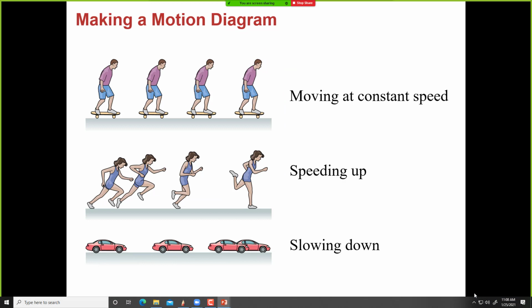The first one is constant speed. When you want to represent constant speed, what you do is you draw the pictures at equal intervals. So these are the snapshot pictures taken at equal intervals of time. So let's say this is taken at 0 second, this is taken at 1 second, 2 second, 3 second, and in each interval of time you cover the same distance. So you cover this much distance.